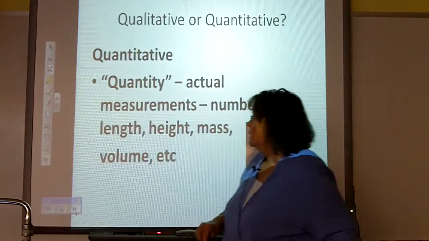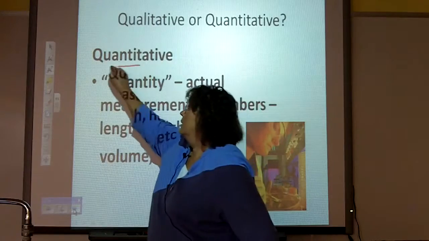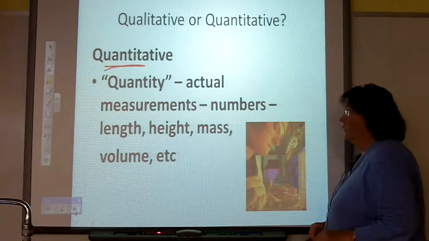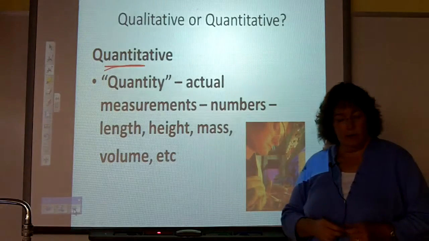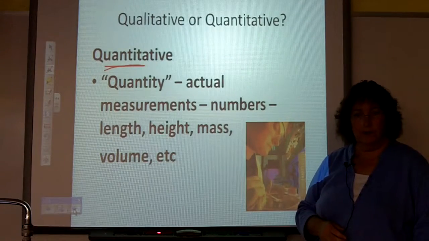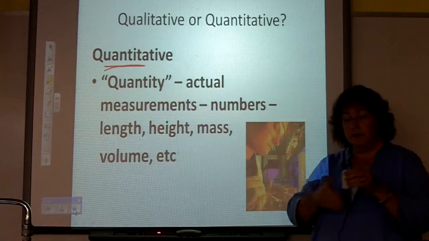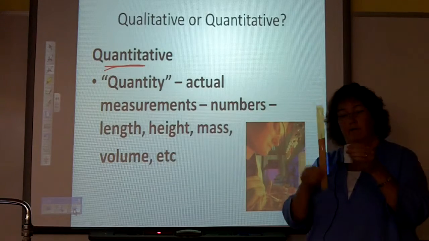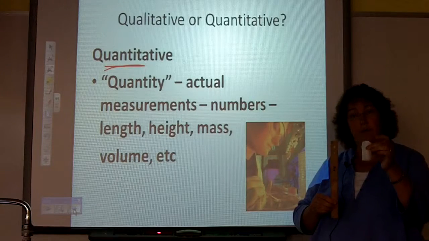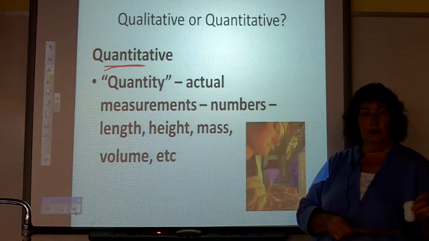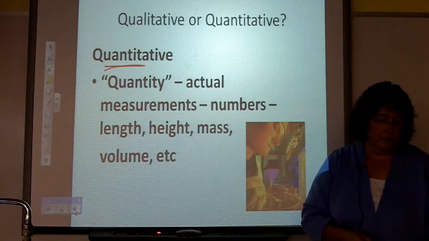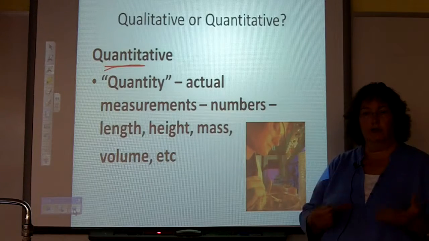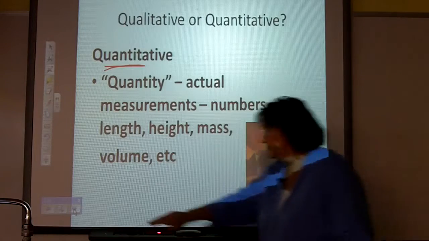If we are talking about quantitative, again, that root word is quantity. So quantity means that we actually have to measure it. If I want to know the quantity of the length, I have to measure it. If I want the quantity of the mass, I have to put this on a balance and measure it. So quantitative are observations that we actually measure.